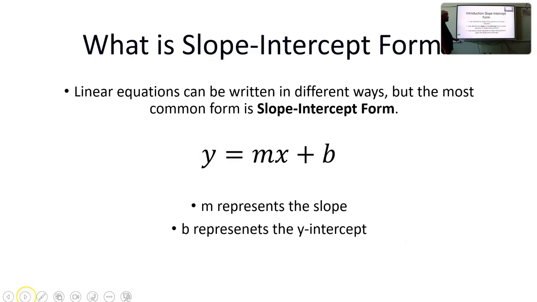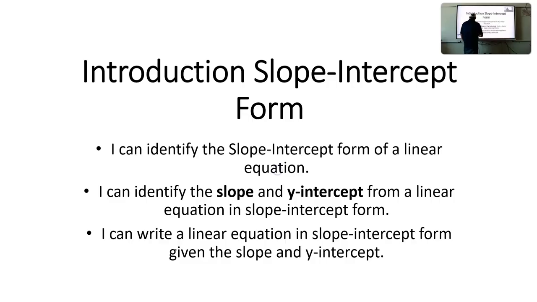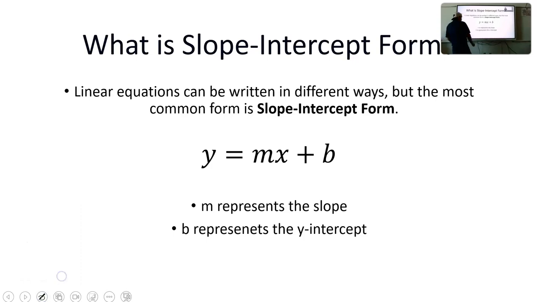So let's go ahead and take a look. Slope-intercept form is y equals mx plus b, where m represents the slope. So this right here is the slope.